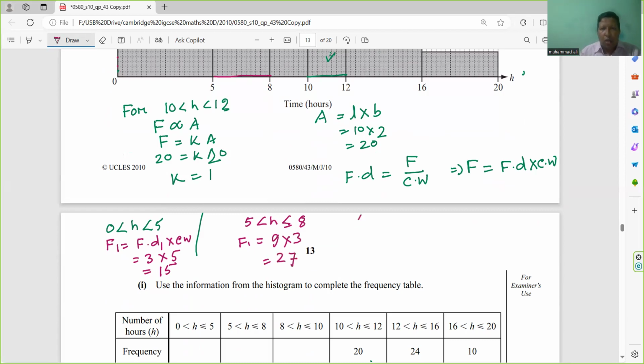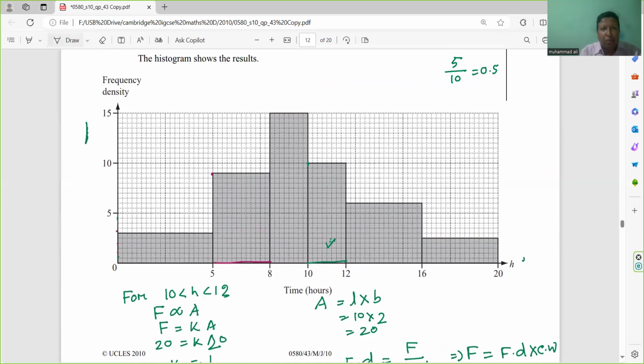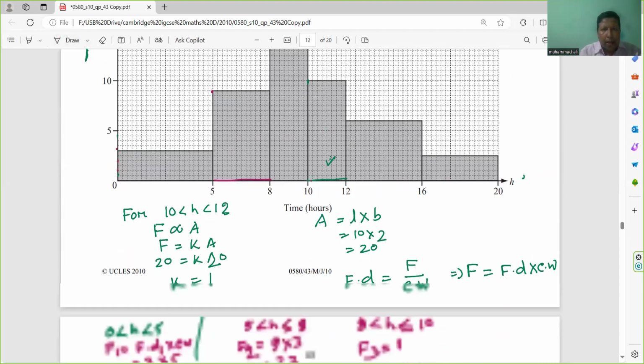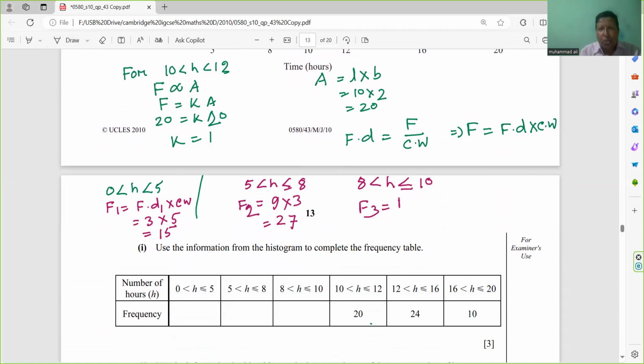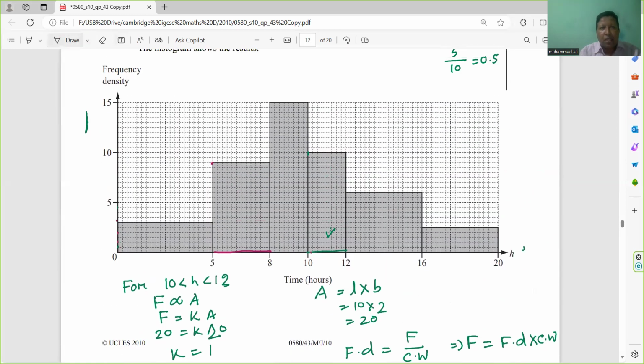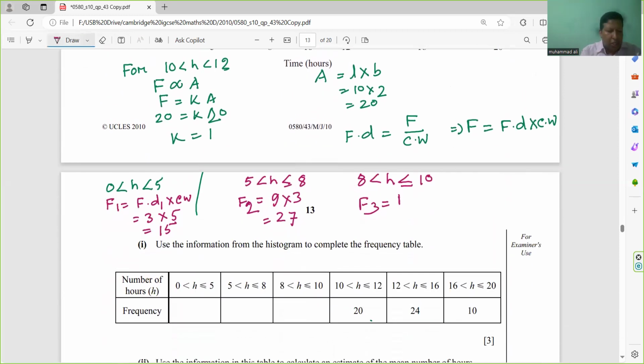Now for 8 to 10, frequency F3, the 8 to 10 frequency density equals 15. Here the frequency density is 15, multiplied by the class width, which is 2.